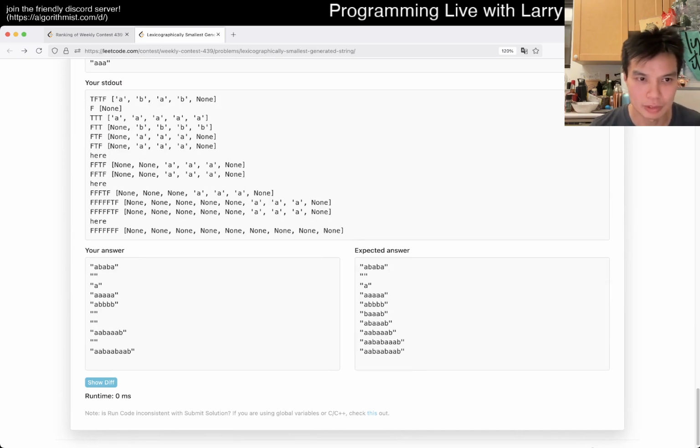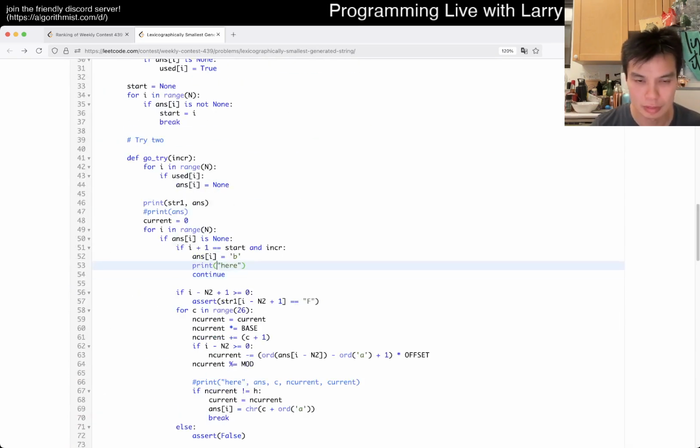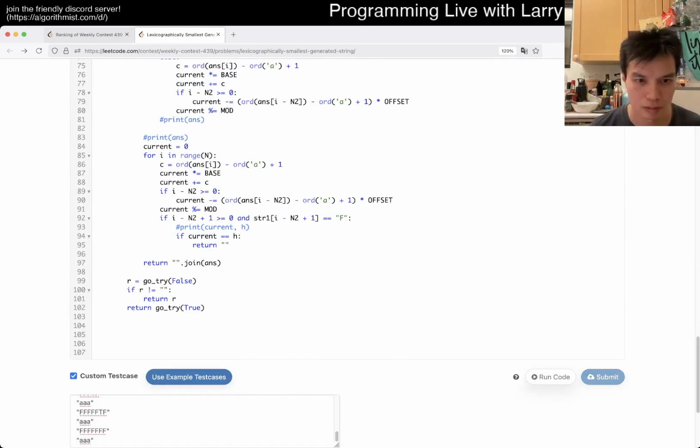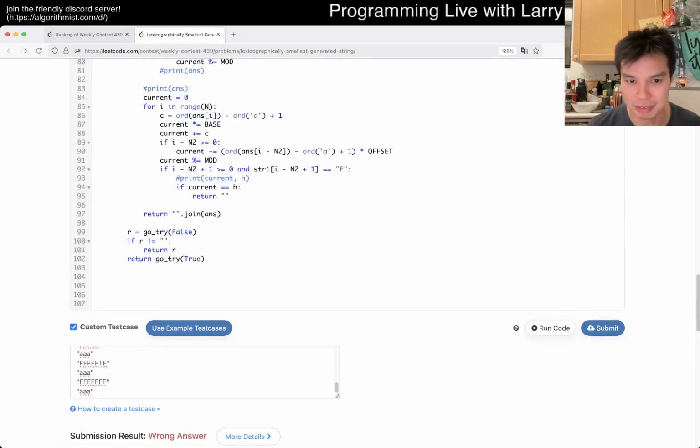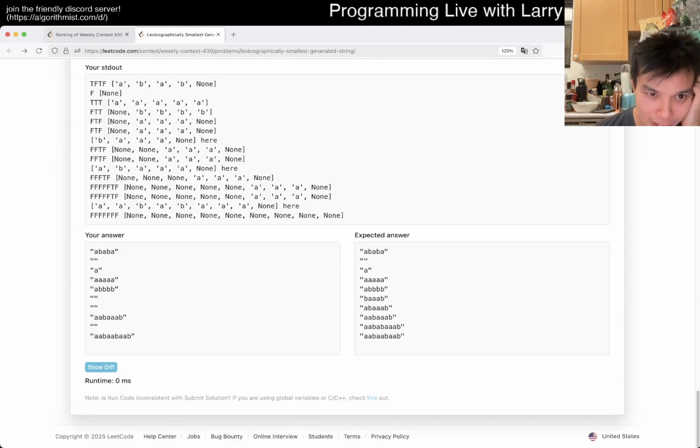So we're here. I'm upsolving because I don't know. I want to upsolve it without knowing the test cases, or at least I should solve this one first. So this one is right.